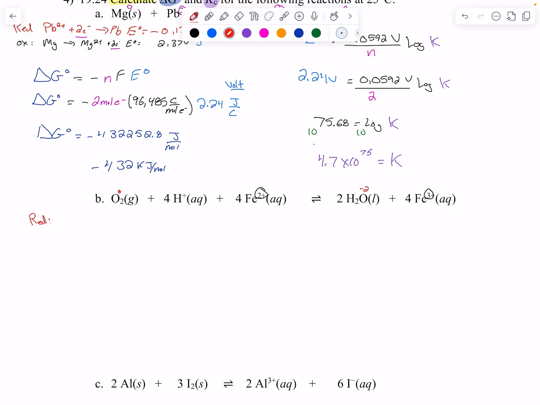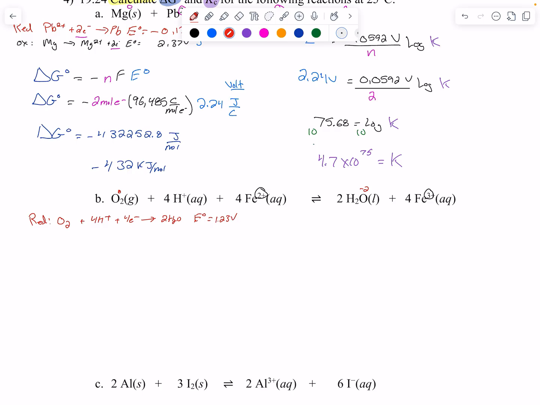To kind of shortcut this, I have O2 under acidic conditions going to water, 1.23 volts. So it's O2 plus 4H+ plus 4 electrons going over to 2H2O, and that standard is 1.23 volts.